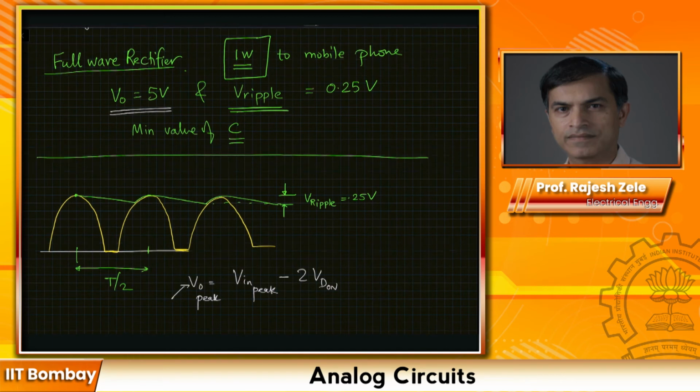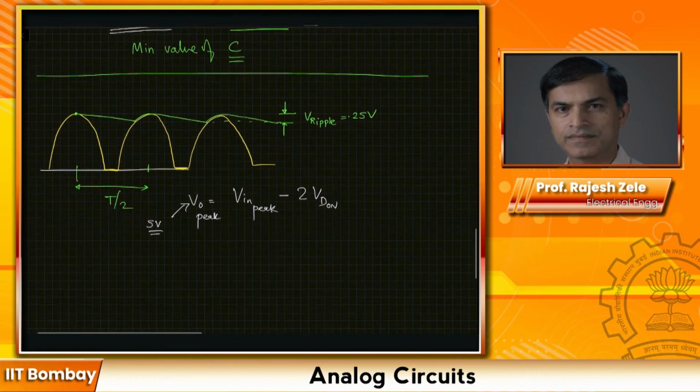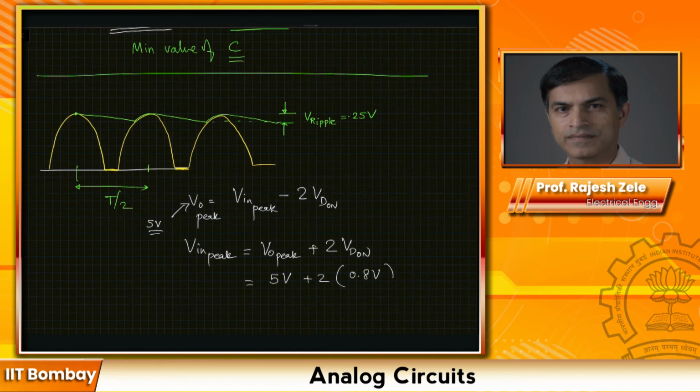Now we know V0 peak, we want it to be 5 volts. So V in peak will be equal to V0 peak plus 2 Vd on. Let's substitute values. This is 5 volts plus 2 times, let's assume Vd on to be equal to 0.8 volts.